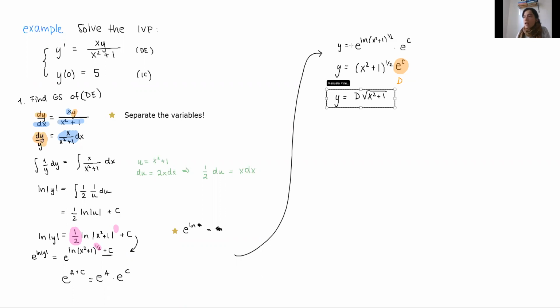But let me just break over here for a second and make the point that over here, this is really the only way in which you could have separated the variables, right? The reason that this is the only way is that when you're solving for dy in terms of dx, you need to make sure that you divide by the y.